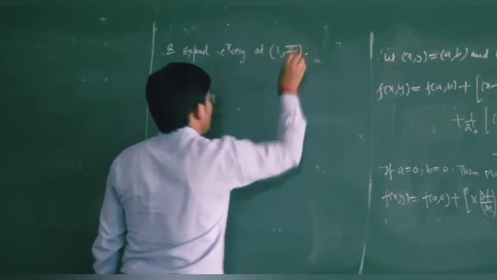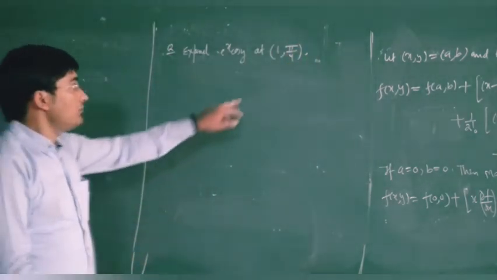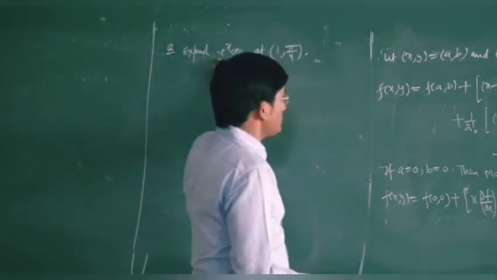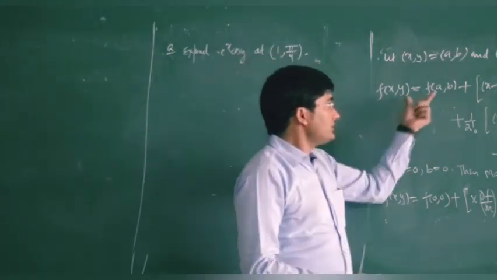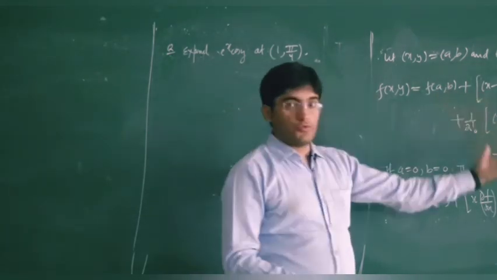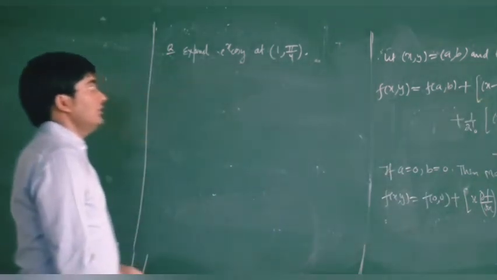That means when a is 1 and b is pi by 4, then you have to expand this f of x,y. So in this Taylor series we will put a as 1 and b as pi by 4, and then we will solve it.